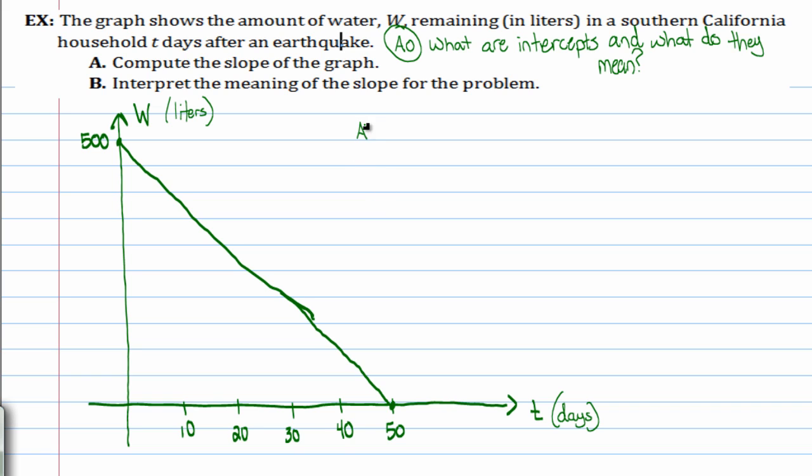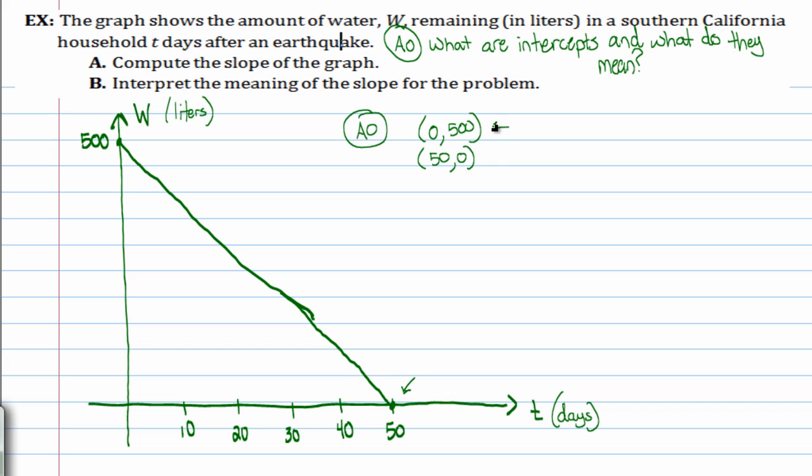The intercepts here, so let's answer A sub 0. The intercepts occur at T equals 0, W equals 500. And then the other intercept way down here is at T equals 50, but W is 0. Remember, the intercepts occur on the axes, and on each axis, one of the values is going to be 0.